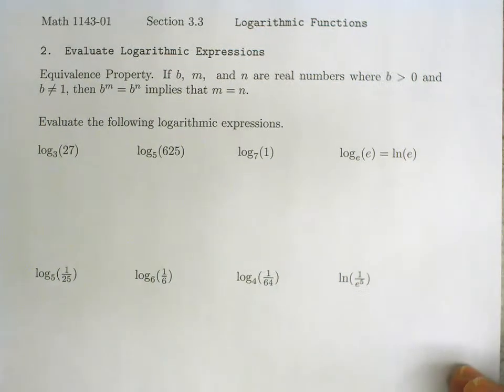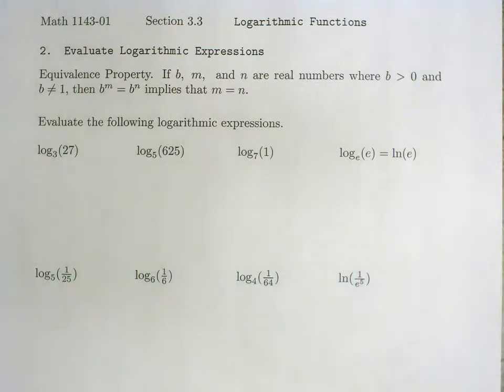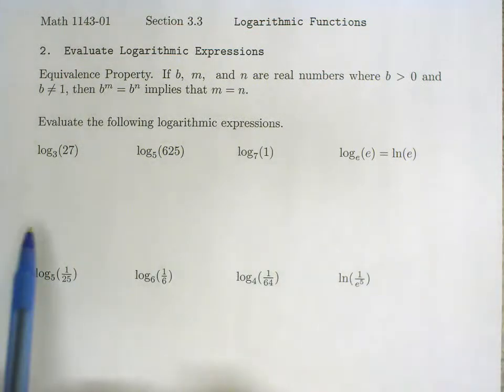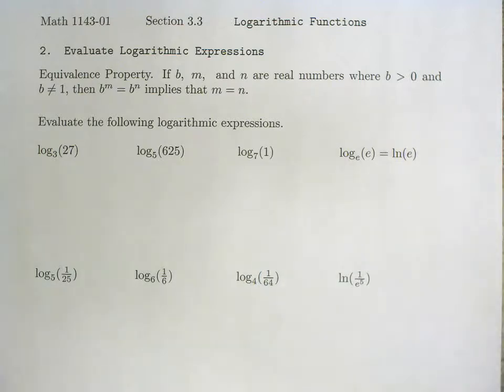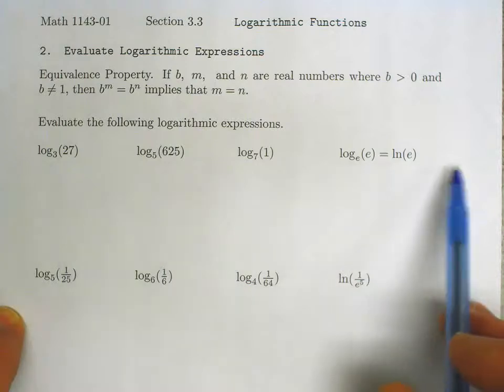So how are we going to use that when evaluating logarithms? Some of these, if you know much about logarithms, you can tell what they simplify to right off the bat. But we'll go into a little more detail.